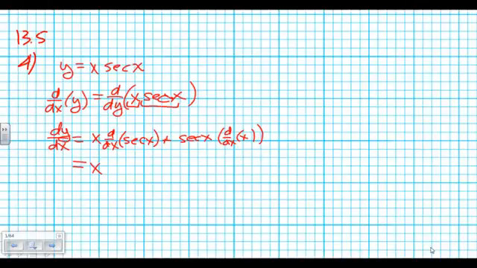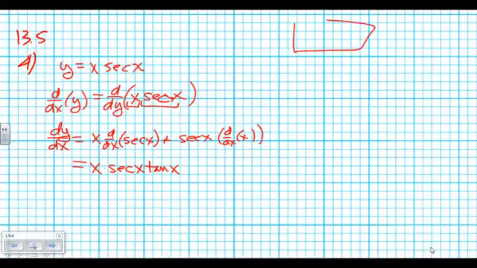So the derivative of secant, as we found out before, is secant tangent, and you should have memorized this by now. If you are a note card, flashcard person, this would be something you would want on your flashcard.